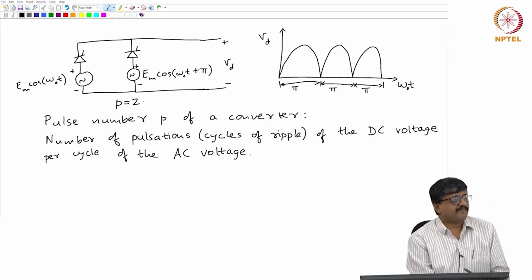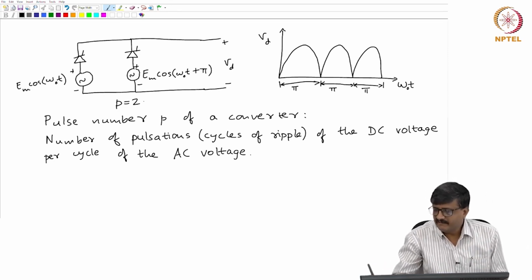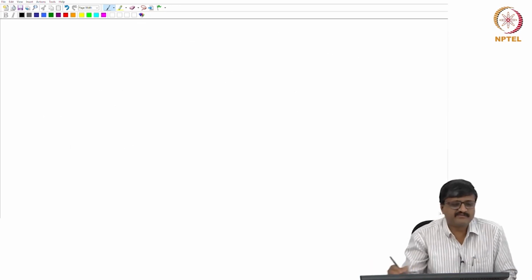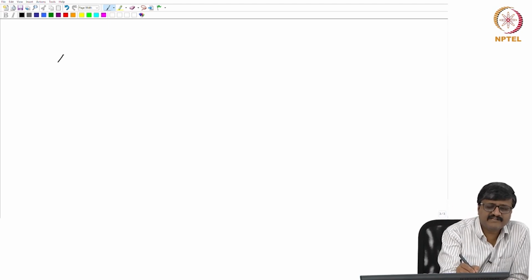So, we can improve upon this. See the next, okay, let me just go to a slightly complicated circuit. Suppose I want to further improve. What I do is I take 3 voltage sources and 3 thyristors.